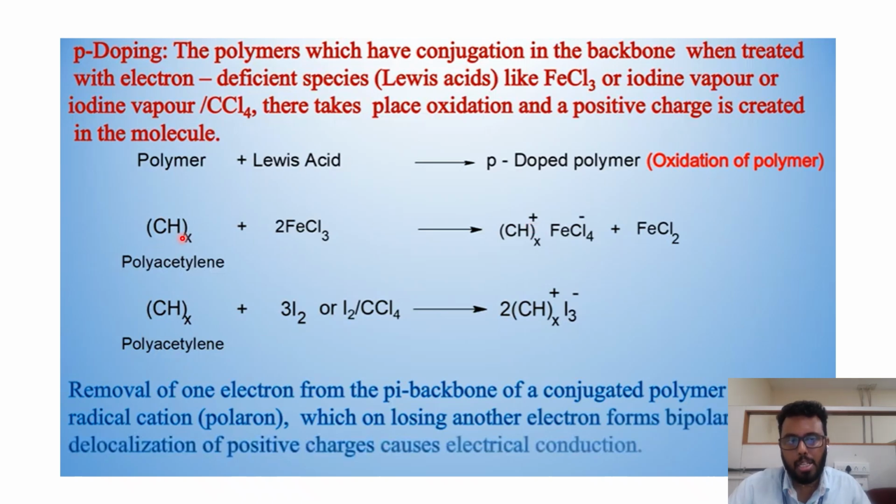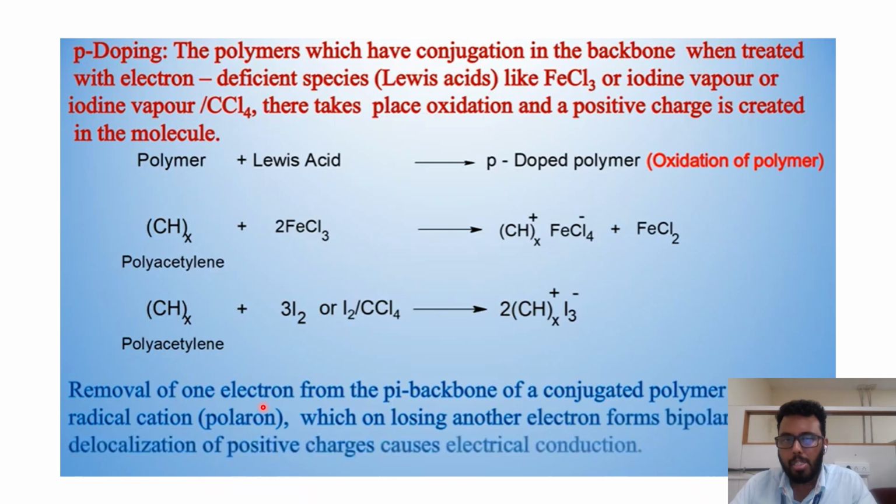Let's see polyacetylene. You just put (CH)x plus 2FeCl3, giving (CH)x+ plus FeCl4-, an adduct, and FeCl2 will be removed because we are taking 2FeCl3. Similarly, you can take 3I2 or iodine in CCl4, and you can form 2(CH)x+ and I3-.